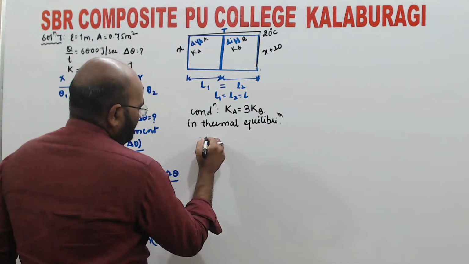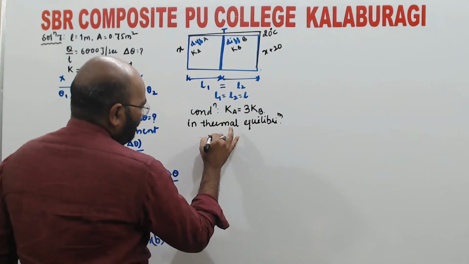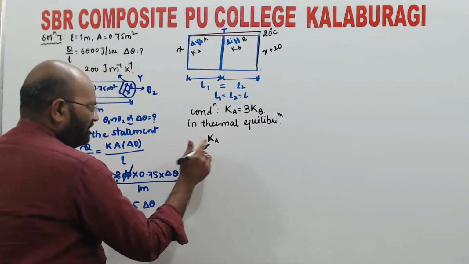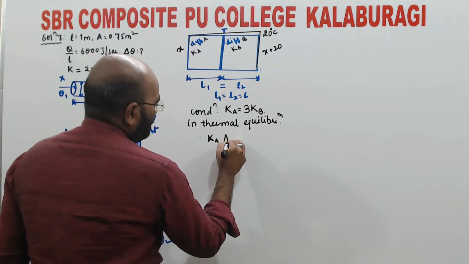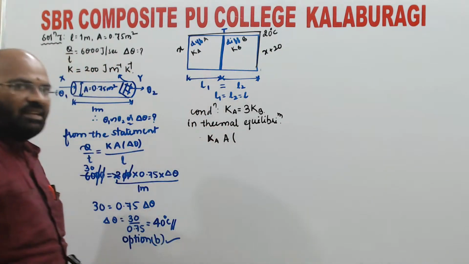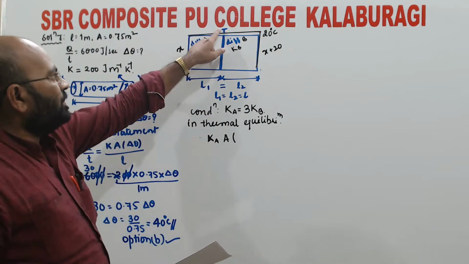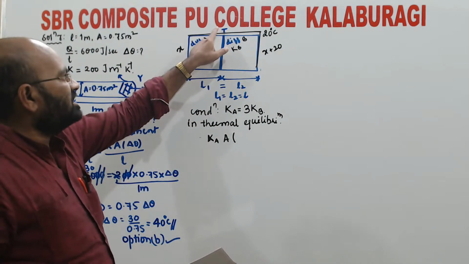From the equation, what do you have? This is Ka, the coefficient of thermal conductivity of the first one, Ka into the cross-section area into the temperature gradient. Read the question carefully. Then what is the final temperature? This is the junction temperature.